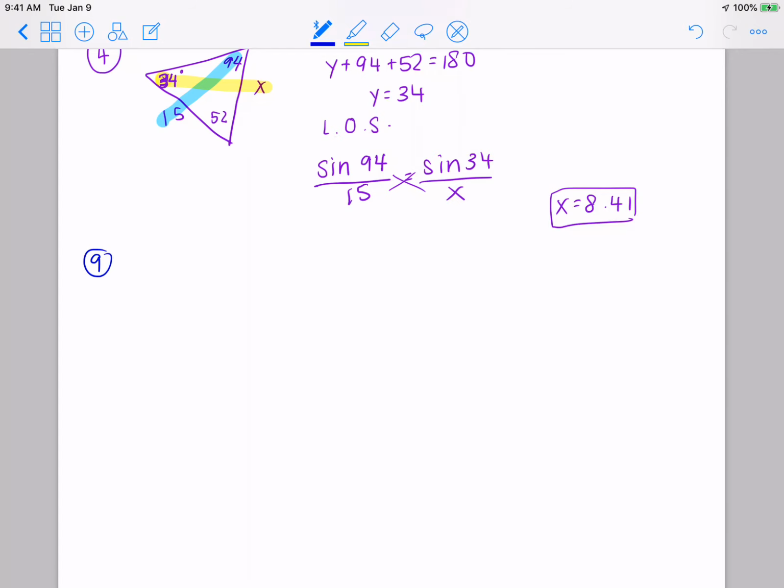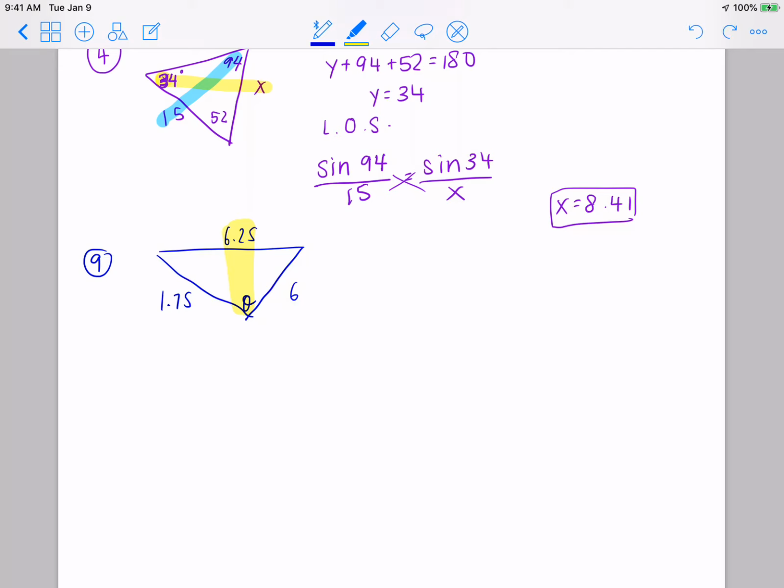Next one, I'm going to do number 9. Okay, number 9, we are given a theta, 6.25, 6, 1.75. So this one's pretty obvious what we're going to be using. We only have one pair, and we have all the lengths given.